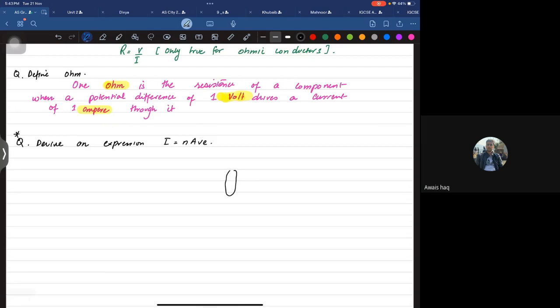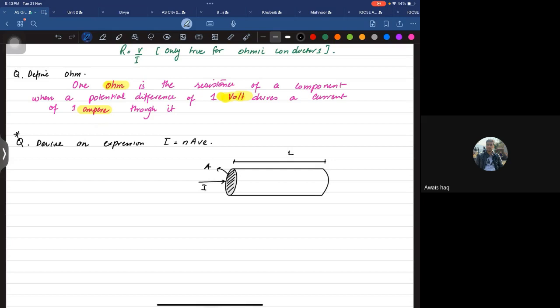I would like to explain what exactly all the quantities are. So you have a wire or a conductor that you're looking at. Within this conductor, you have a cross-sectional area A. You have a length of the conductor, obviously L, and the current is passing through it.